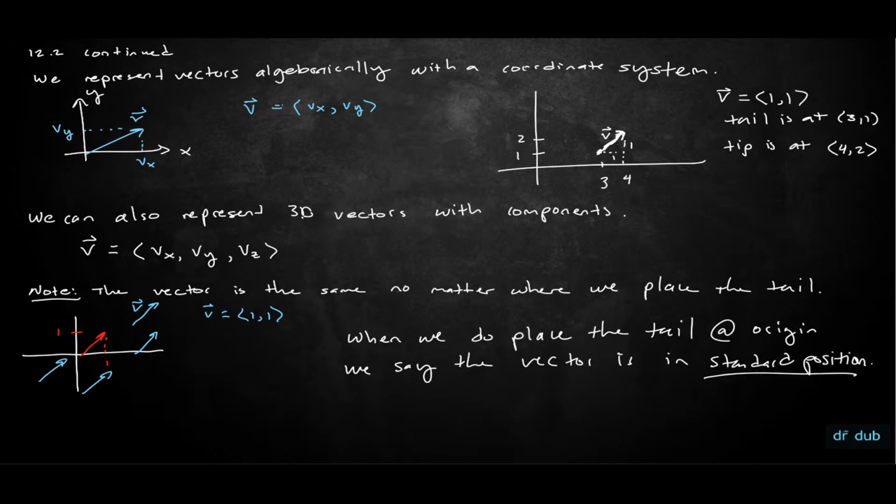So that's just something to keep in mind. It's the same vector no matter where we place the tail, but if we do put the tail at the origin, we say that we put the vector in standard position.